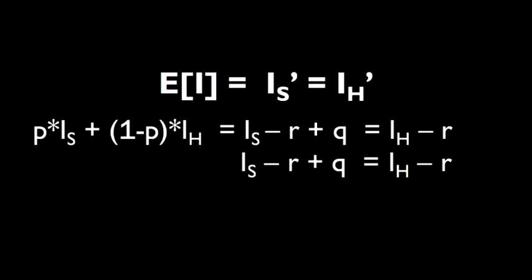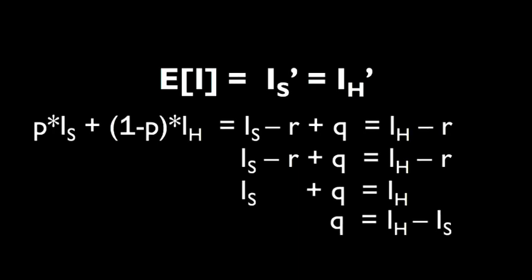So in your notes, just fill out the following math that I'm going to put up on the screen. Step 1, we can take the negative R from both sides and drop it. Step 2 is we can move the IS to the other side.